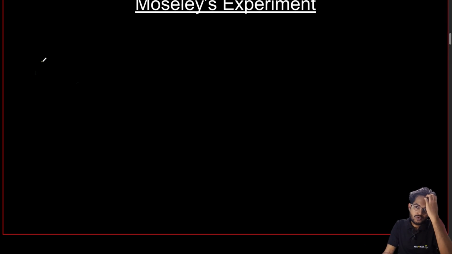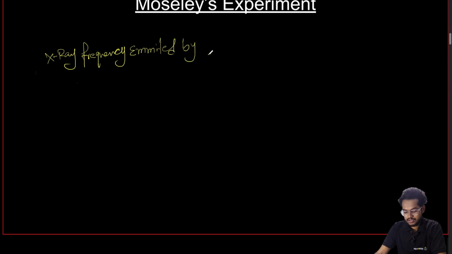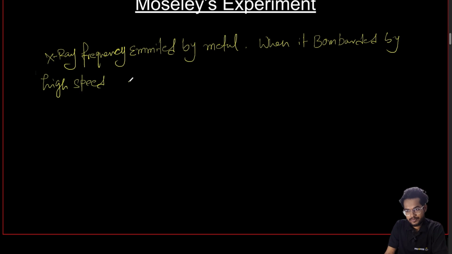So what actually did Moseley do? Moseley measured the X-ray frequency emitted by a metal when it was bombarded by high speed electrons.